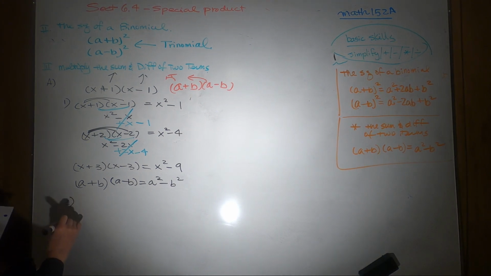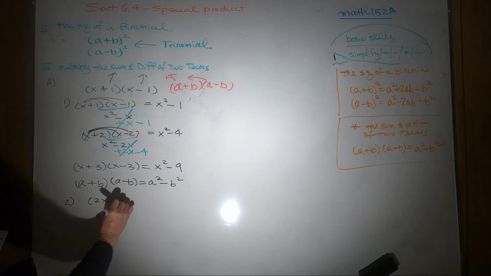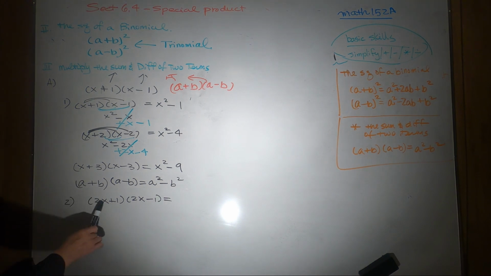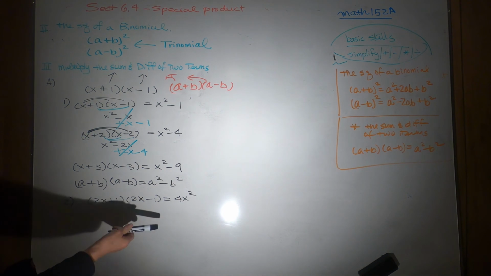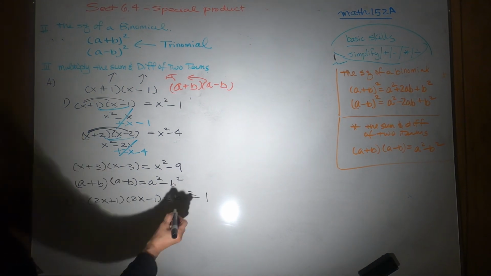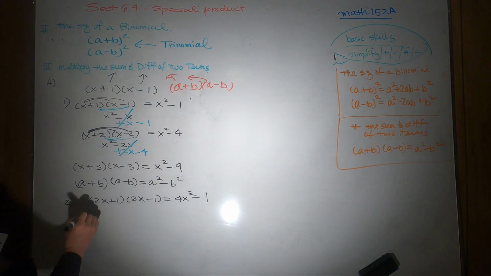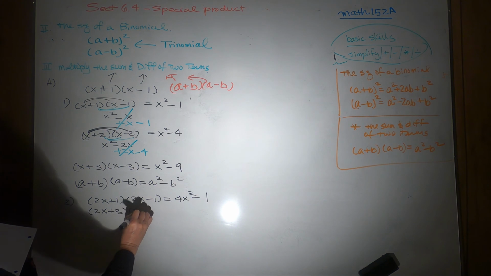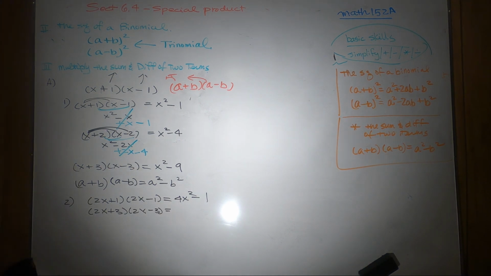So if we have this one, 2x plus 1 times 2x minus 1. What do you think? First square, 2x times 2x, 4x squared, and 1 times 1, minus 1. A binomial. You can just write the answer directly if you remember your formula.